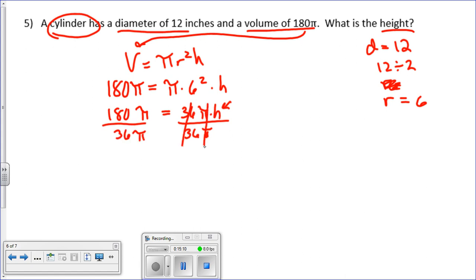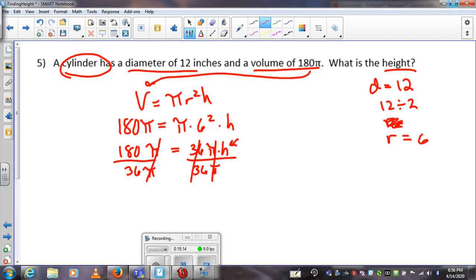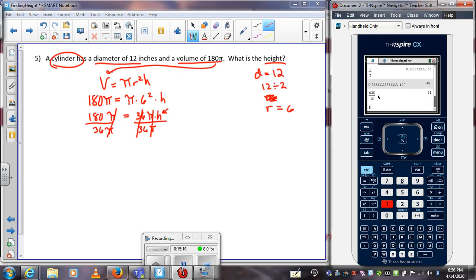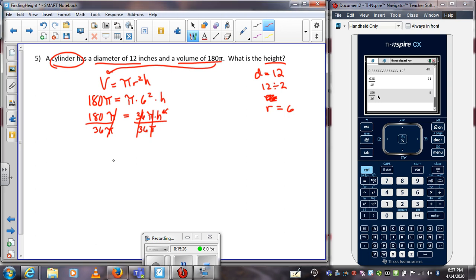So 36 is canceled, the pi's cancel. I'm going to have to figure out what 180 divided by 36 is. So 180 divided by 36, and I am getting 5. So it looks like h is equal to 5, and those would be inches. And there we go.